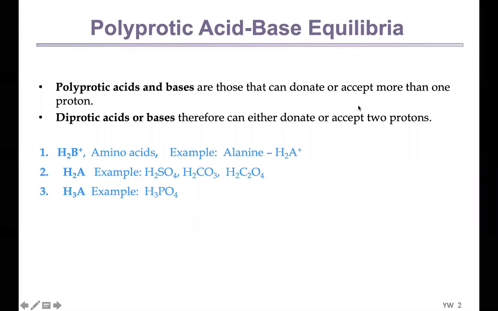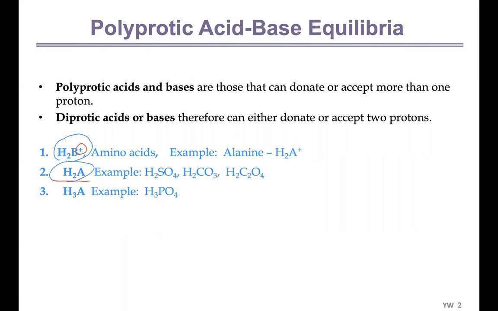But the difference here, if you notice, is that for diprotic acid base, we can actually have 2 different forms. For amino acid, the fully protonated form H2B has a plus sign here. But for normal inorganic acids like sulfuric acid and carbonic acid, the fully protonated form is the neutral form, and then their conjugate bases.